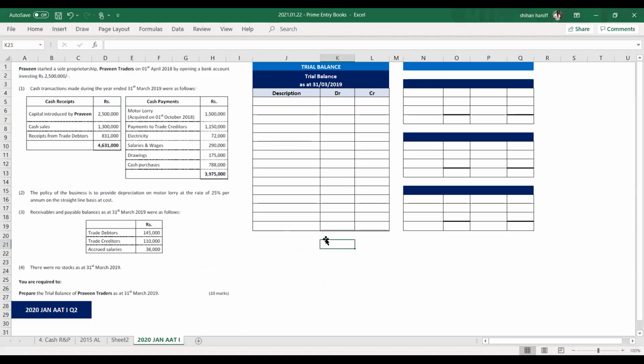So here's the format. We need ledger accounts. Ledger accounts for the trade debtors control account.